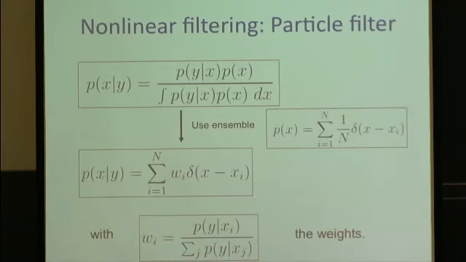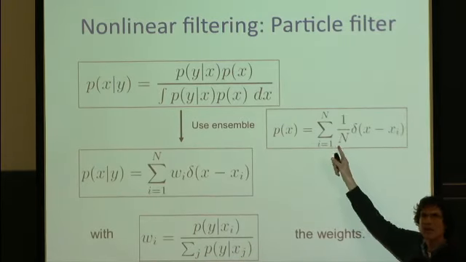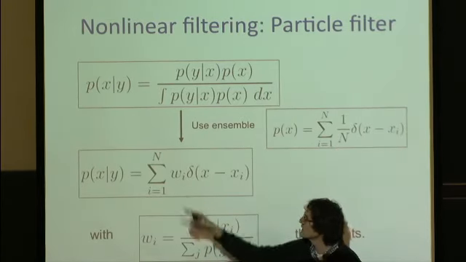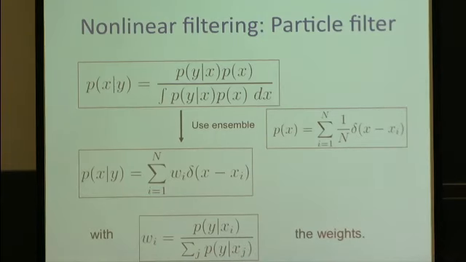Again, the posterior PDF is a sum of delta functions, but now it's a weighted sum. Here the weights are all 1 over n, the same for each sample, and here they become weighted, and the weights are related to the likelihoods. And that's all. That's what data assimilation is in such a system, or in the particle filter.